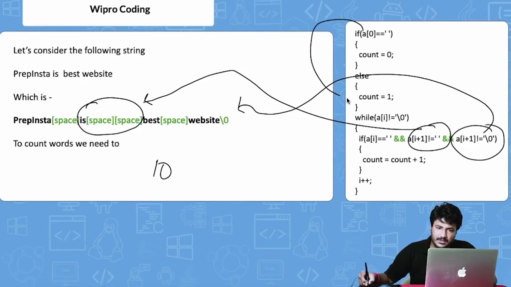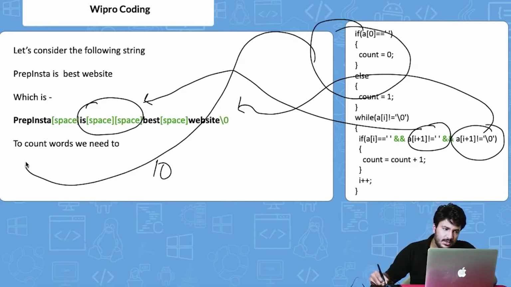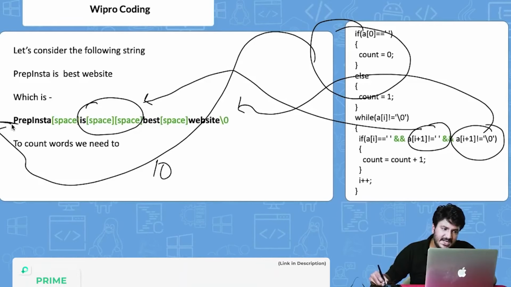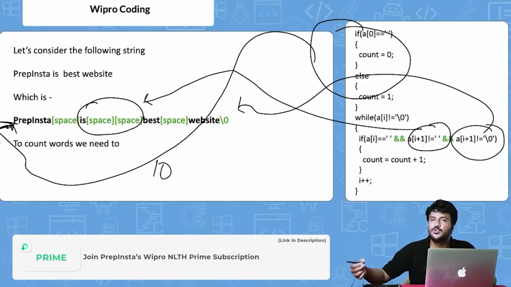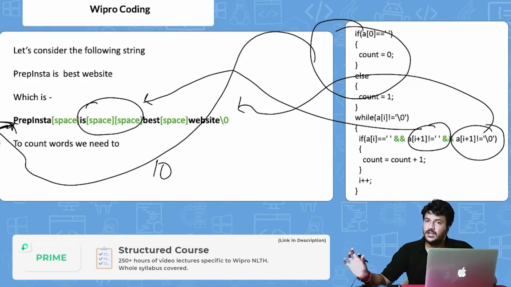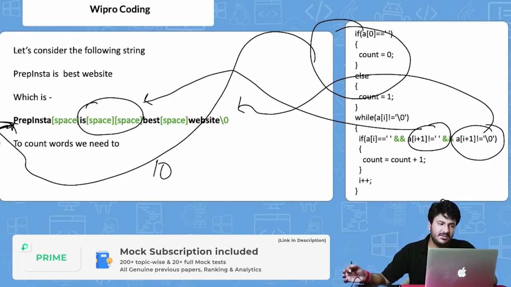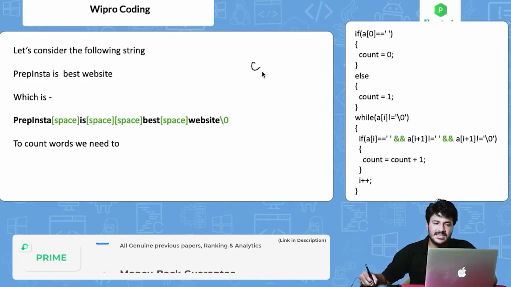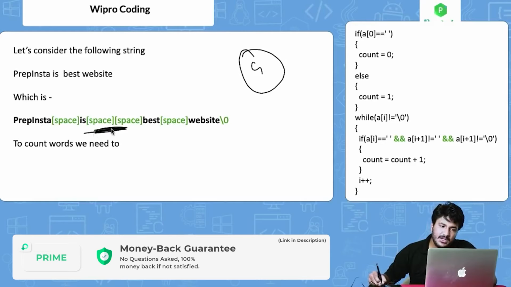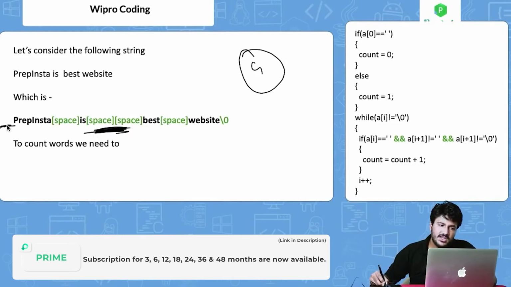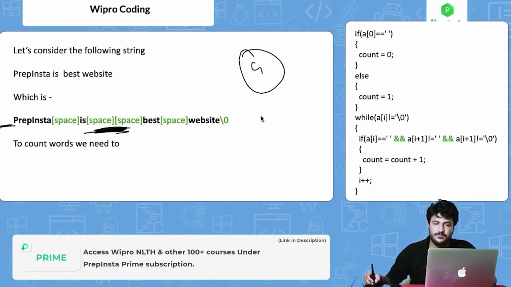This particular code is able to understand if there is a space at the starting. So for the students who had learned the code from Geeks for Geeks and various other websites, only 4 of the test cases were passing. This particular test case was not passing. If the starting of the string is also a space, this was not passing, right?